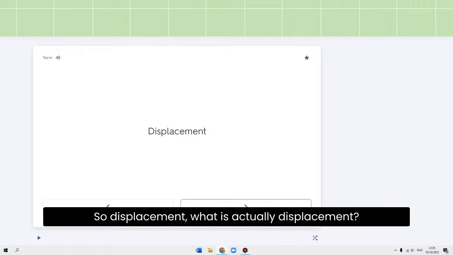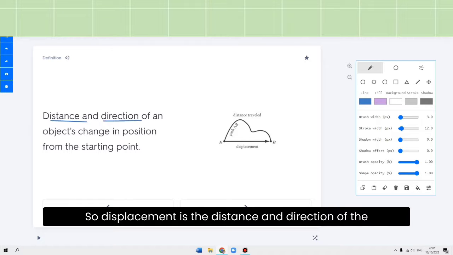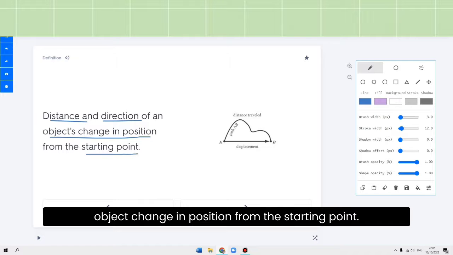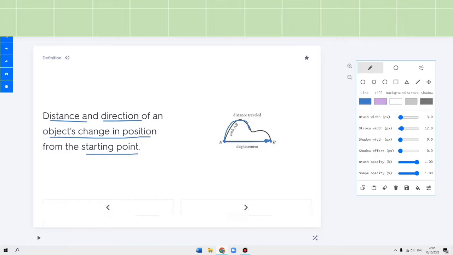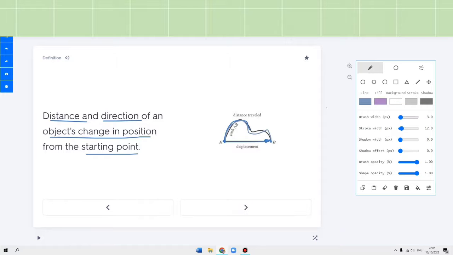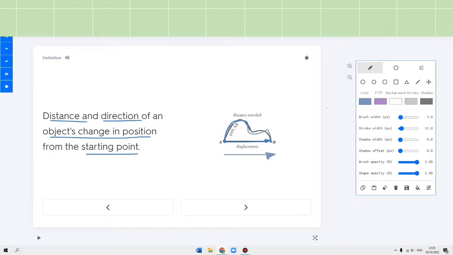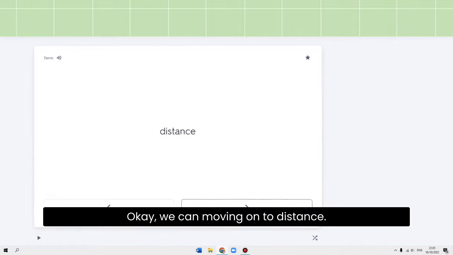Displacement. What is displacement actually? Displacement is the distance and direction of an object's change in position from the starting point. For example, point A is the starting point and point B is the finish point. Displacement is taking a very quick alternative route rather than traveling the whole distance. Okay, moving on to distance.